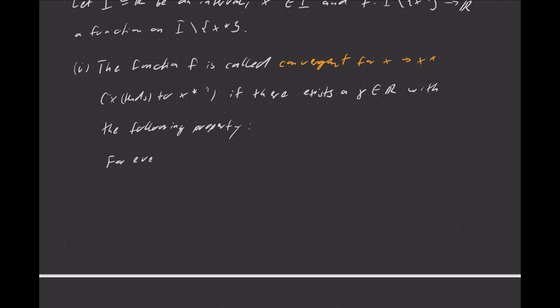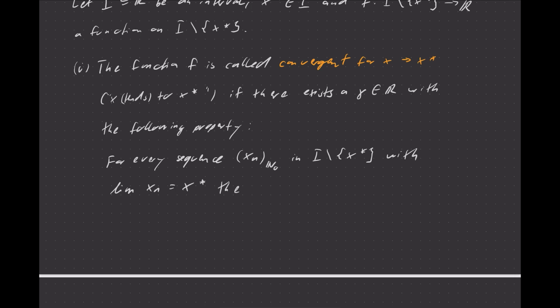So, for every sequence xn with index at n0, with elements in I with the exclusion of x star, with limit of xn equals x star. So a convergent sequence that converges to x star, to the point that we're interested in.